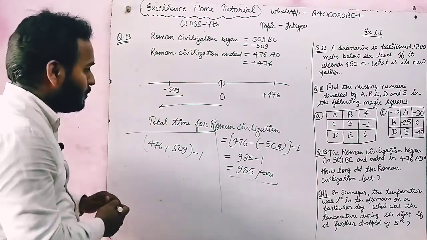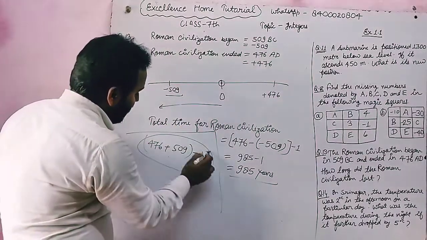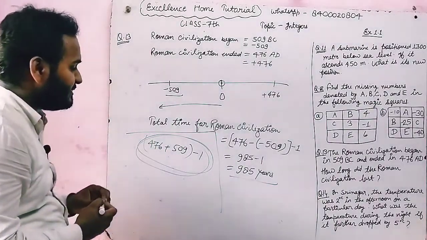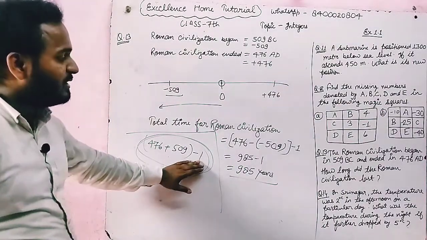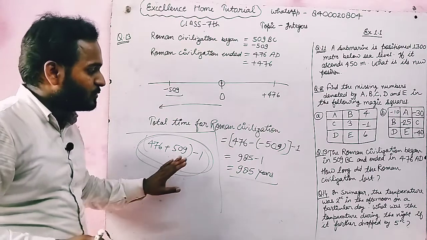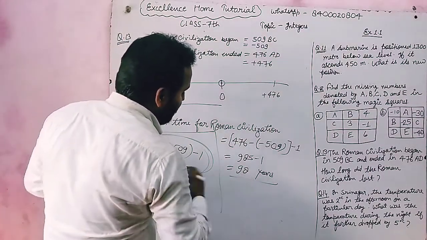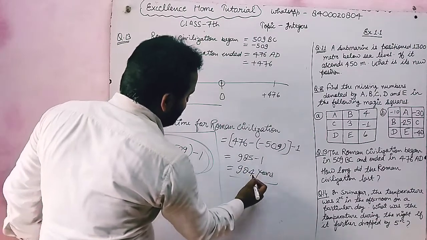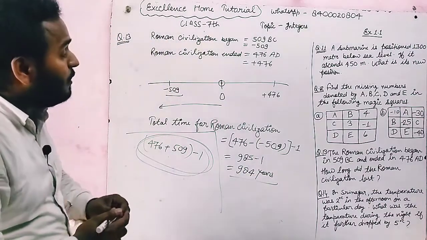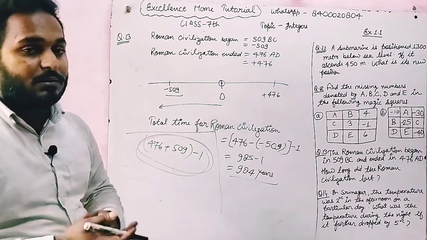So you can use this expression, in which 476 plus 509 minus 1. After subtracting 1, this is 984 years, because 0 is not considered a year.